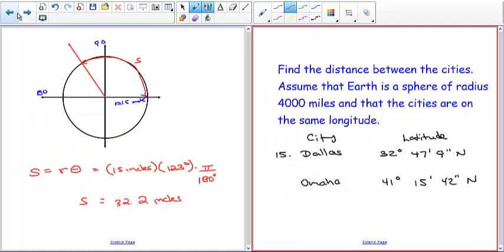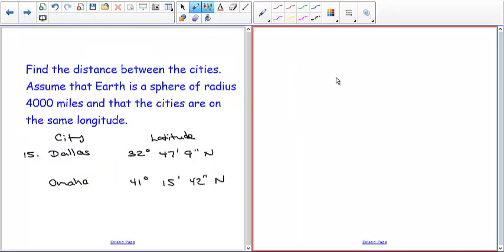Okay, the next one is find the distance between the cities assuming that Earth is a sphere of radius 4,000 miles. So it's the same basic idea, except they've given you the angle in degrees, minutes, and seconds. So what you need to do is you can convert these to decimals and then subtract them, or you could subtract them and then convert them to decimals.